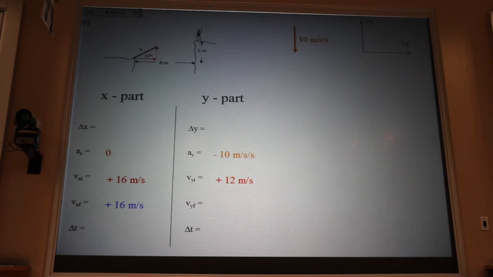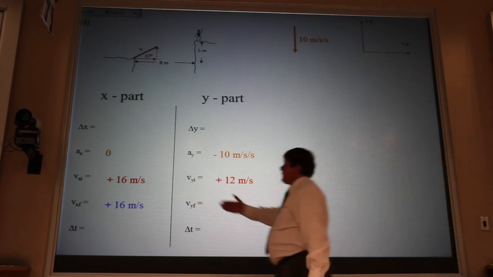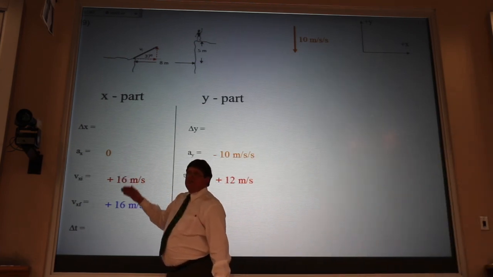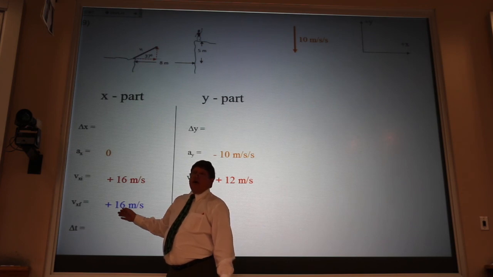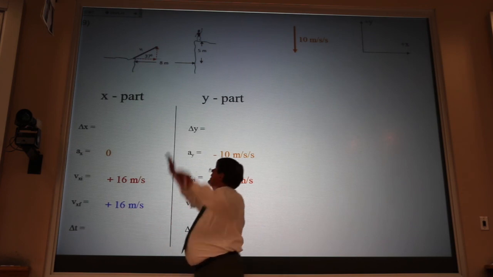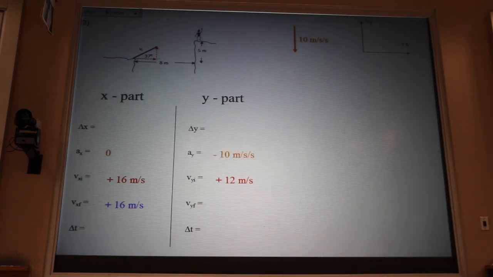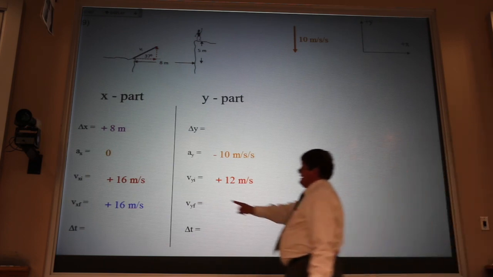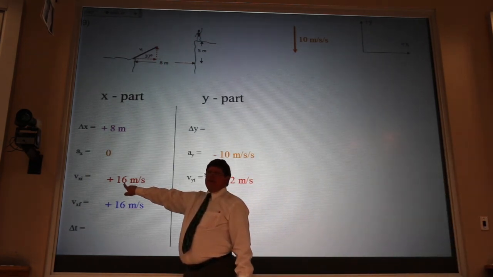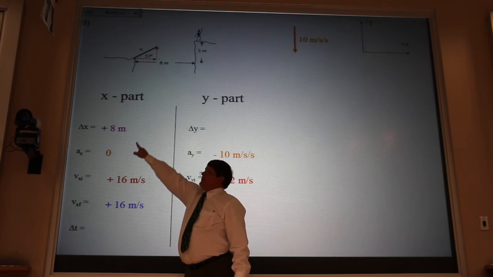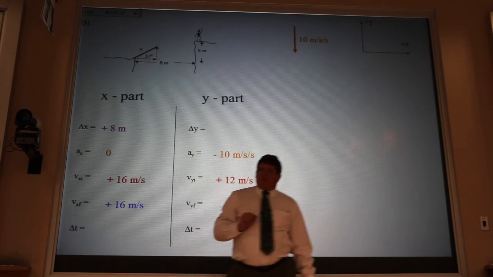Now again, this is one of those problems where you have these 3 pieces of information that are not independent of each other. So what we do is we set up a wall at x equals 8 meters. And we ask ourselves, if every second it goes 16 meters to the right, how many seconds to go 8 meters to the right?